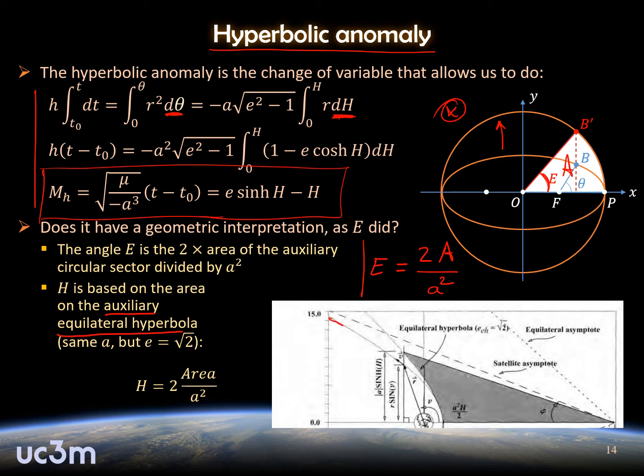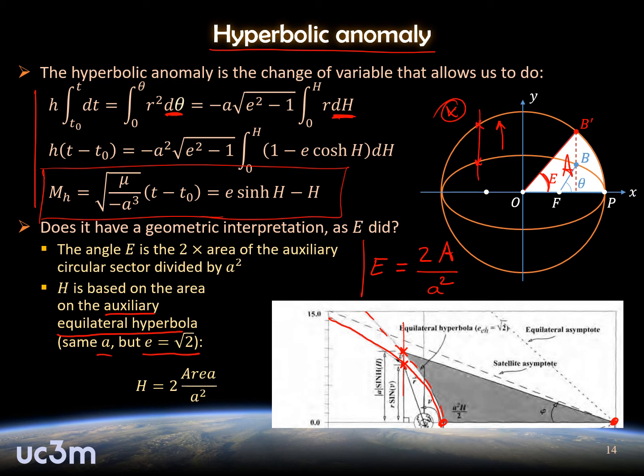So imagine this is the hyperbolic trajectory that we have. We define the auxiliary hyperbola with the same a, but with an eccentricity of square root of 2. So this is the auxiliary equilateral hyperbola that we have introduced. They both have the same center and the same pericenter. For every point on the original hyperbola, there is a corresponding point on the auxiliary hyperbola that can be found through a vertical, just as in the case of the ellipse.